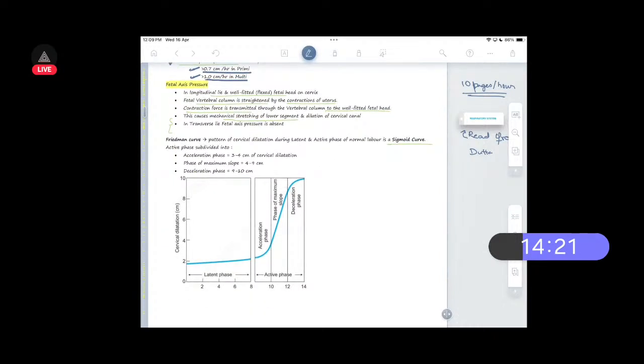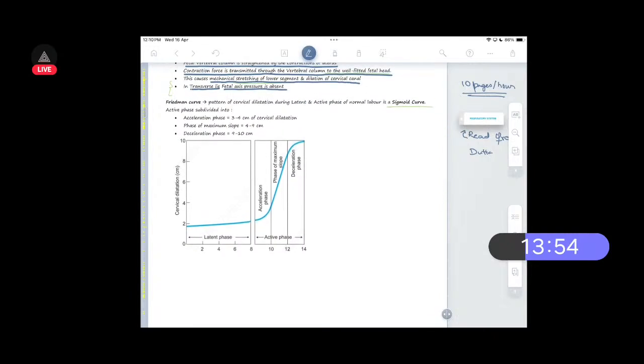Fetal axis pressure in longitudinal lie and a well-fitted flexed fetal head on the cervix: the fetal vertebral column is straightened by the contraction of the uterus. Contractile force is transmitted through the vertebral column to the well-fitted fetal head. This causes mechanical stretching of the lower segment and dilatation of the cervical canal. In transverse lie, fetal axis pressure is absent.